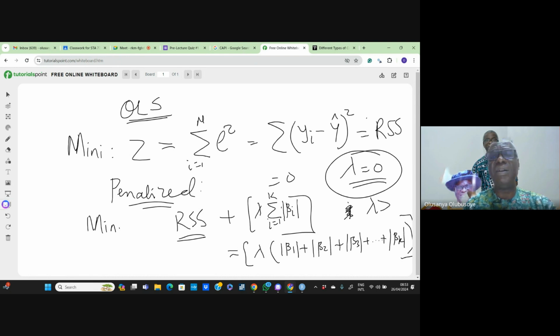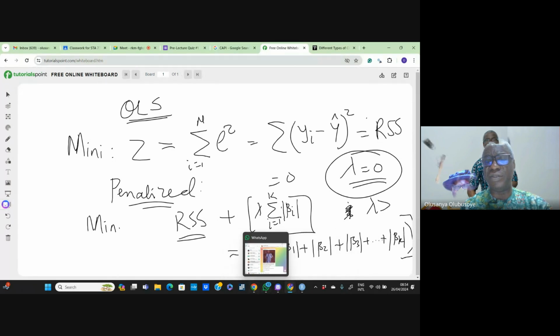The larger the value of lambda, the more severe the penalty you are imposing on the sum of the absolute values of the coefficients. Usually you take very large values of lambda, but the question will be, what will be the optimal lambda?